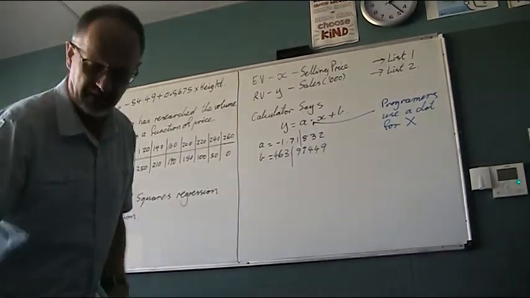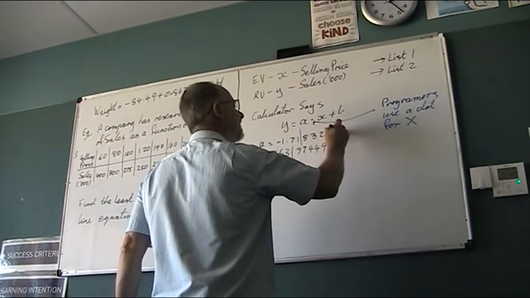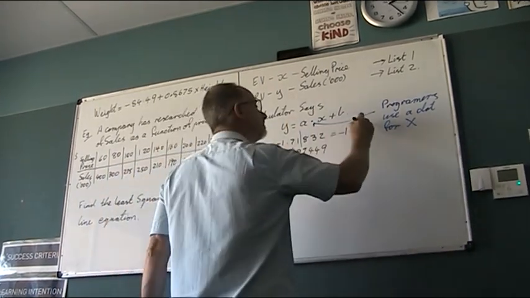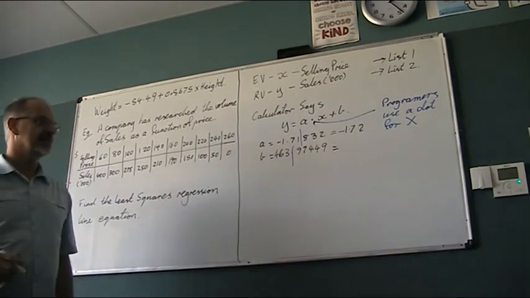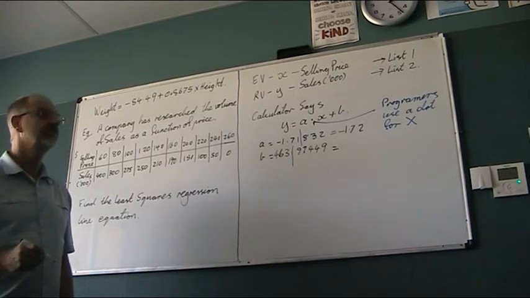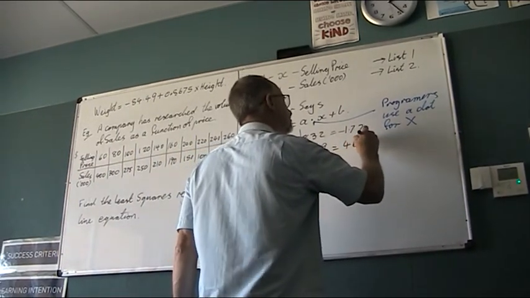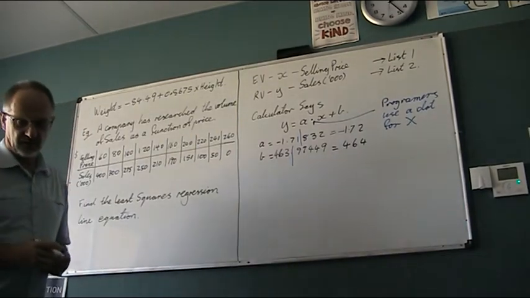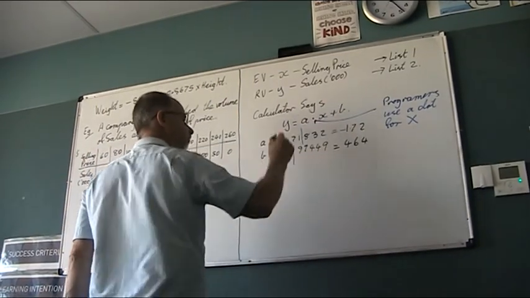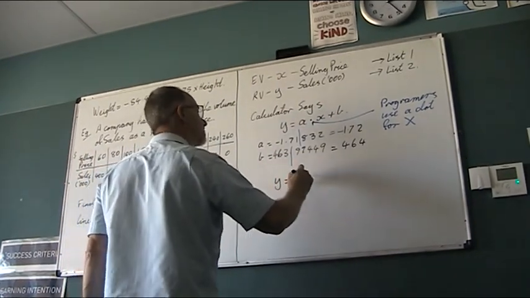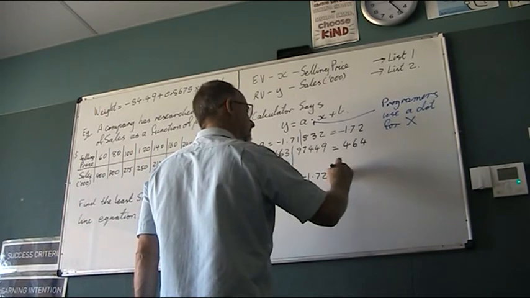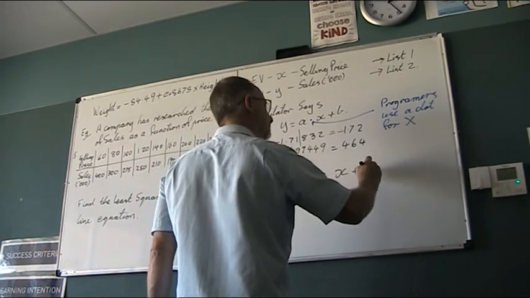I haven't done that on the explanation sheet. So I should put my a in as negative 1.72 and my b as 464. According to the calculator, that would be y equals a, which is negative 1.72, x plus b, which is 464.